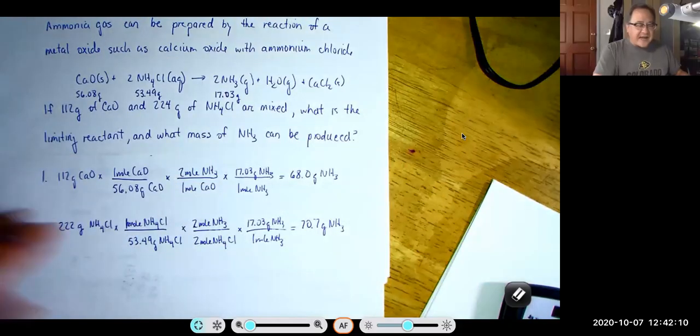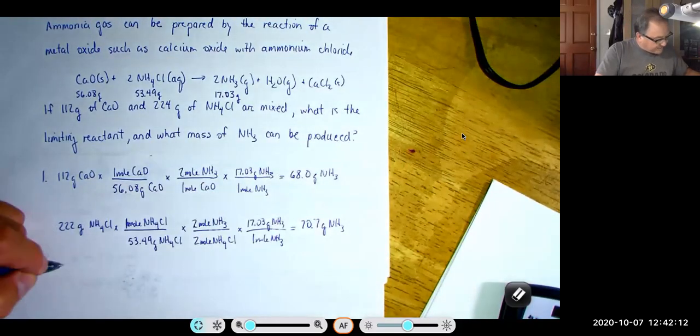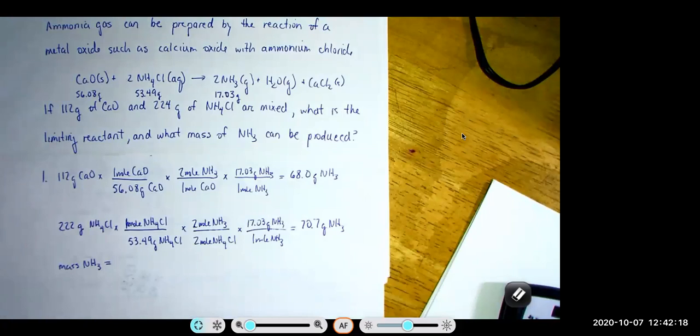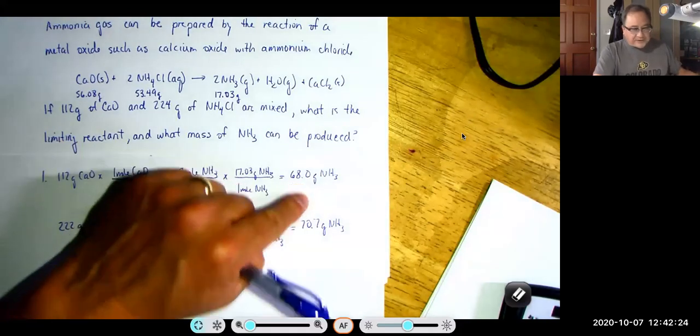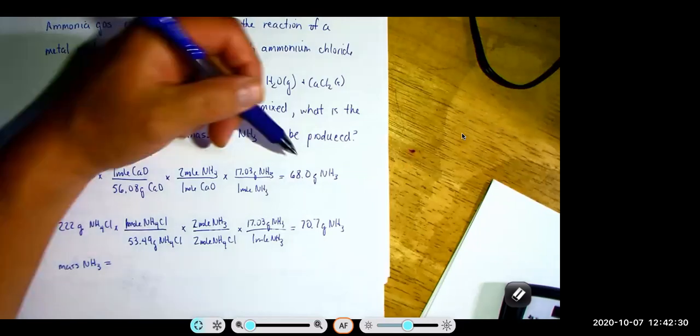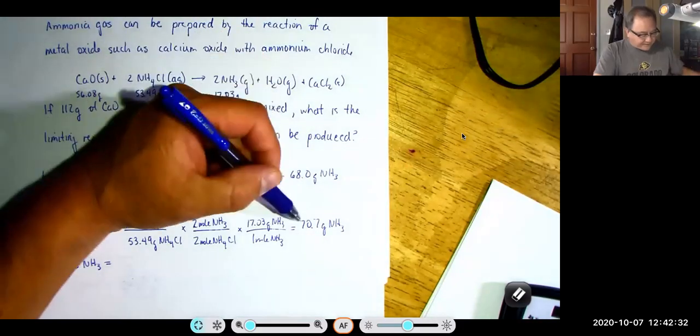Okay, so if this is the case, what is the mass of NH3 that we're going to make? Is it 68.0 or 70.7?